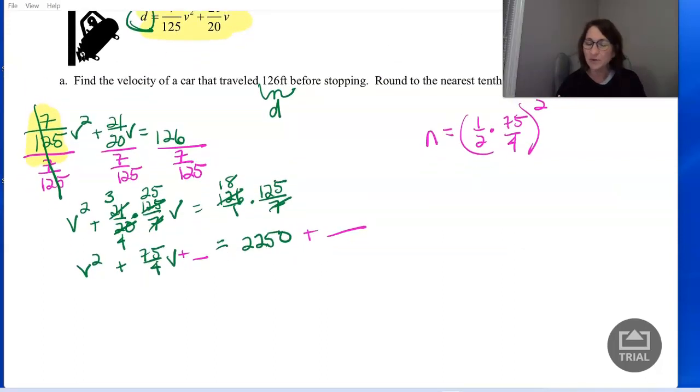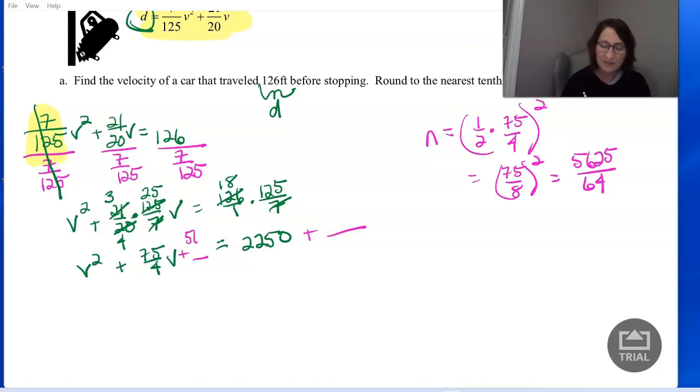That's going to give me 75 over 8 squared, which is the same as 5,625 over 64. That's what goes in our blank, 5,625 over 64 on both sides. This is a little messy, but it's all doable.